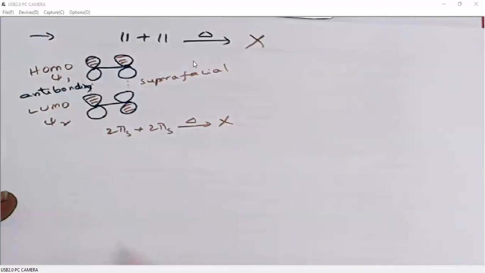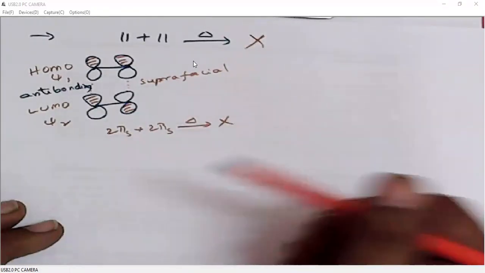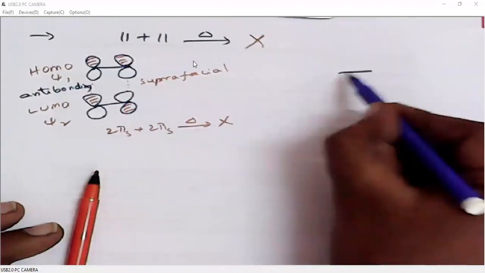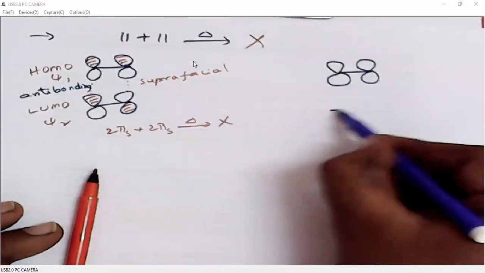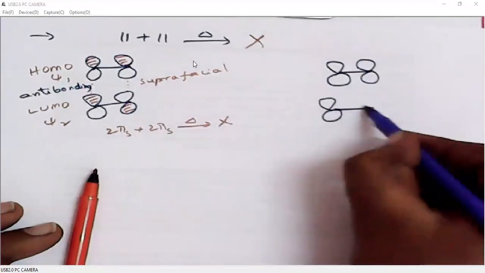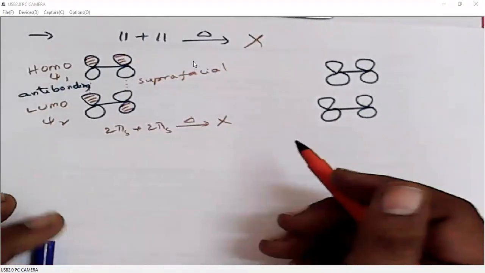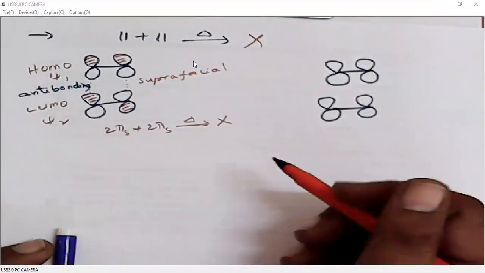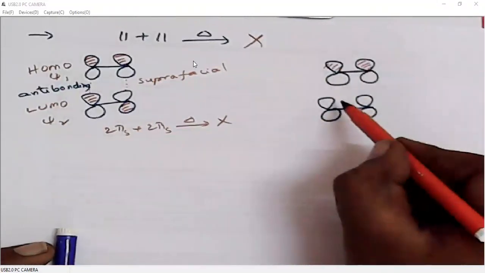For example, shall we try 2 pi s plus 2 pi a? We will just check. Even for 2 pi s plus 2 pi a, one should be HOMO, one should be LUMO.